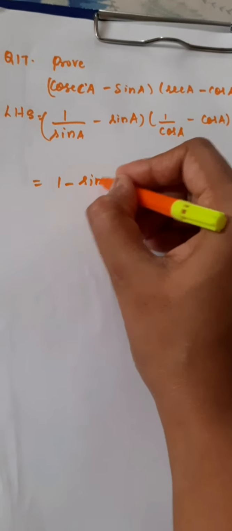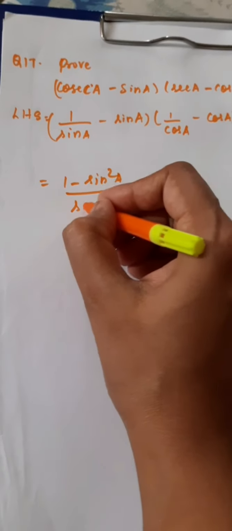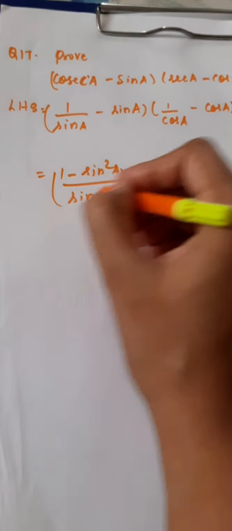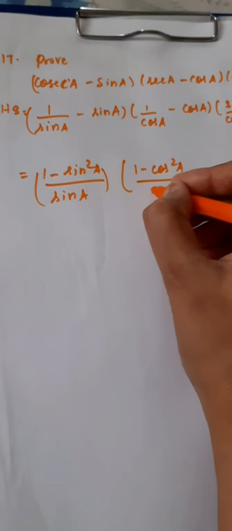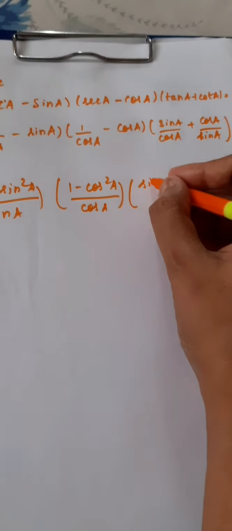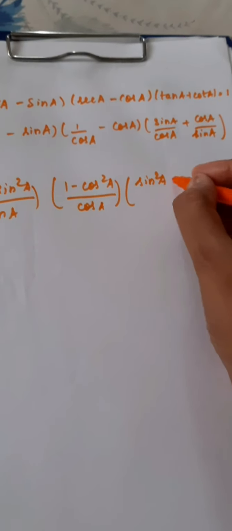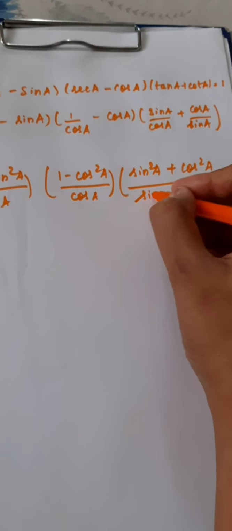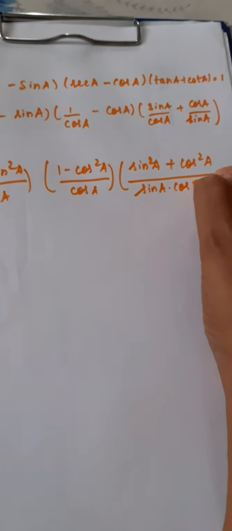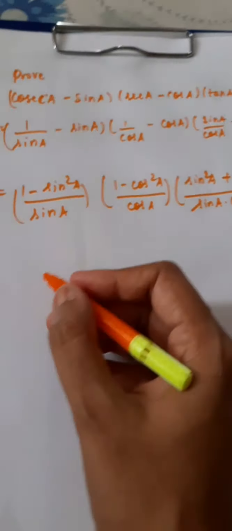which can be written as (1 minus sin square A by sin A) with LCM, (1 minus cos square A by cos A), (sin square A plus cos square A divided by cos A sin A). Sin A cos A or cos A sin A, both are same.